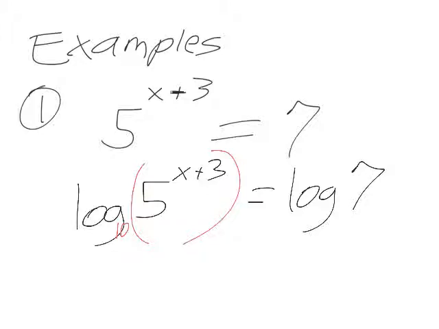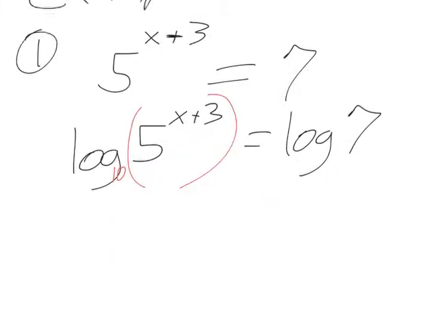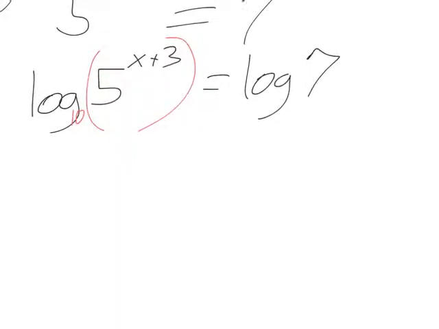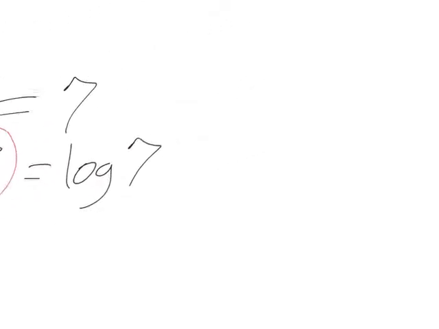Now what we can do is use the power property of logarithms to work on this side right here. Let me give you a little reminder of what that looks like. When you're using the power property, you've got some log.